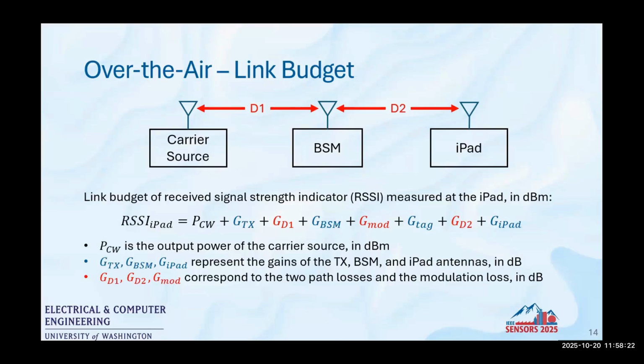Here, the first term just represents the output power of our carrier source in dBm. The blue terms represent the gains of each of the device's antennas. GD1 and GD2 represent the 2 path losses due to the distances between the carts, and Gmod represents the modulation factor of our backscatter modulator, and depends on whether or not a filter is included.